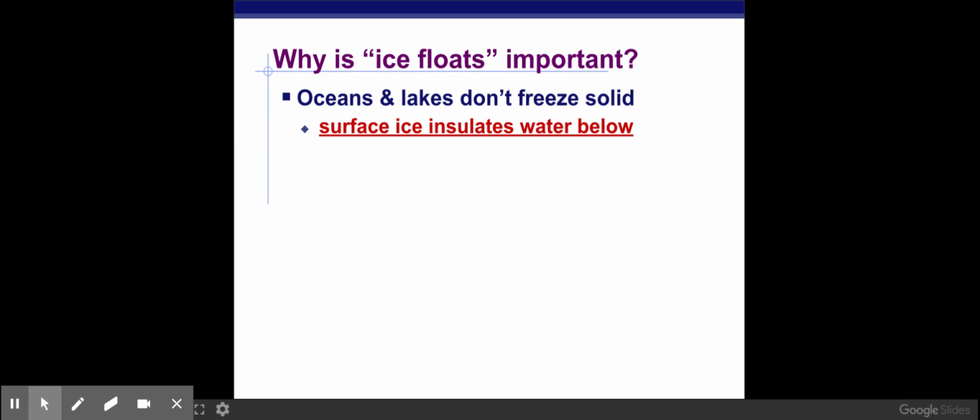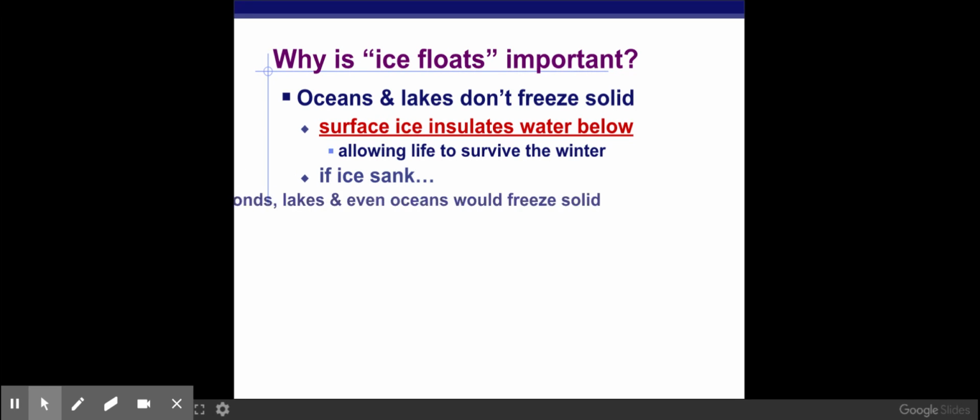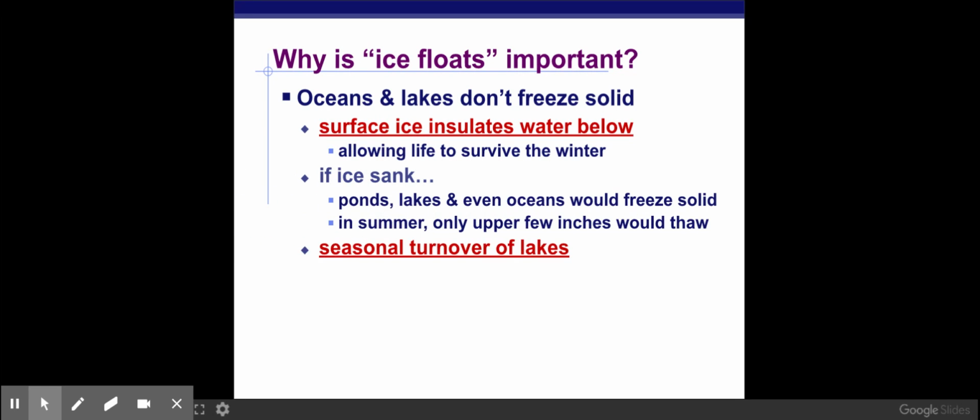During the winter, that surface ice actually serves as an insulator for the water below.